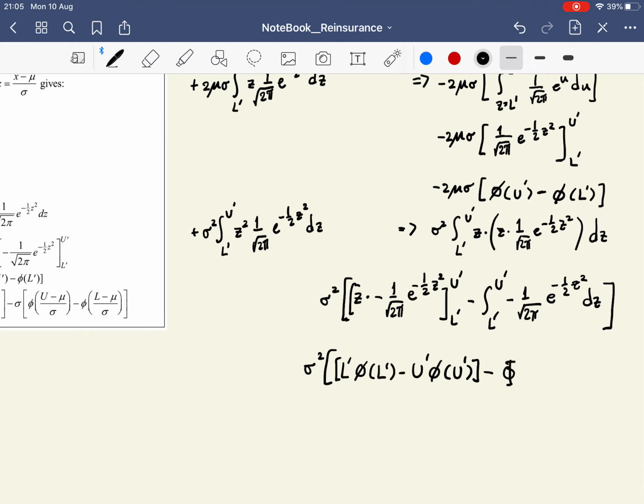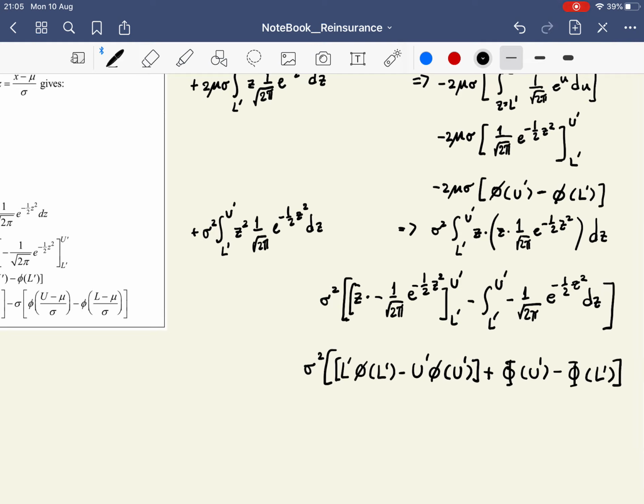So it's capital phi from U prime to L prime. We have negative and negative, so it will result in positive. And here is what we got.